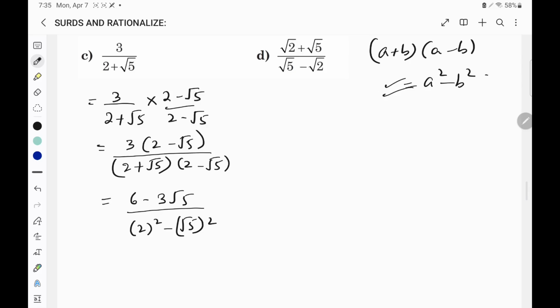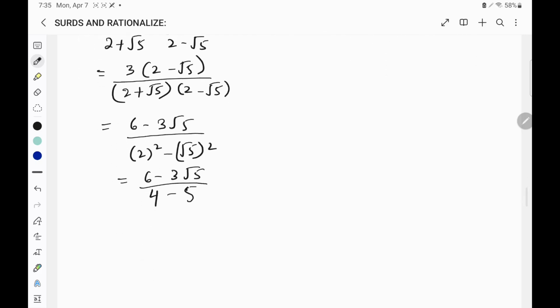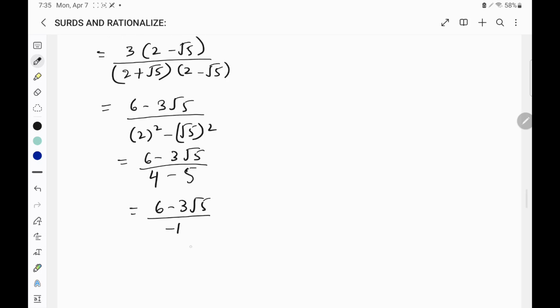So the denominator is becoming 2 square minus square root 5 square. 2 square means 4 and square root 5 square means only 5. Okay, that is becoming minus 1 in the denominator. You can write down like minus 6 plus 3 square root 5 to get rid of the minus sign in the denominator. So you rationalize the denominator here.